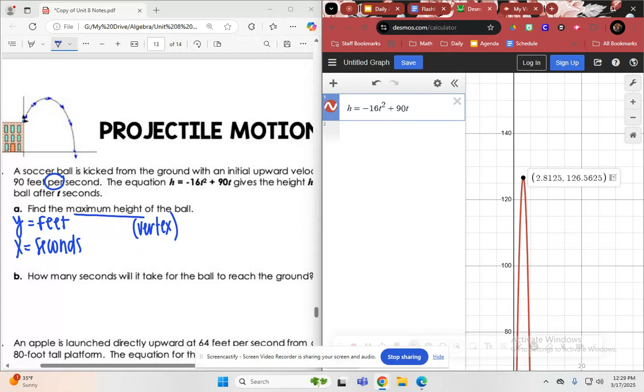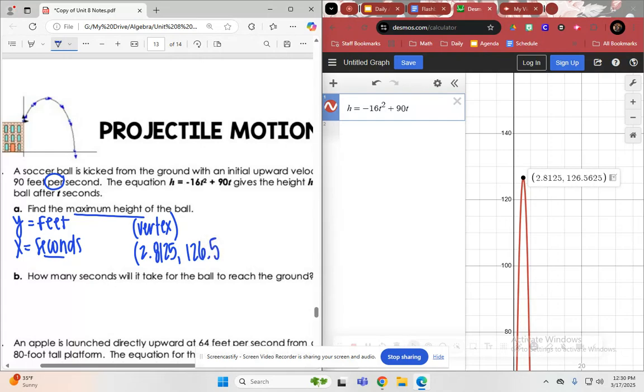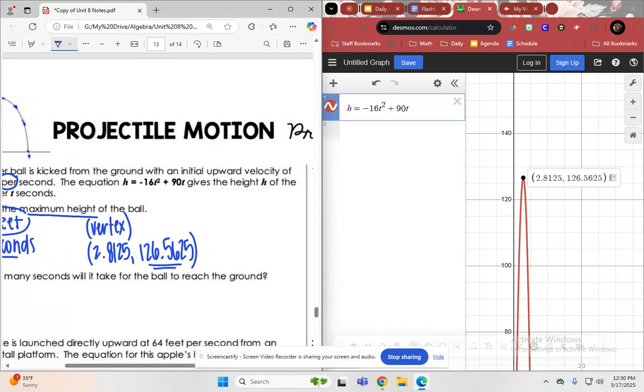So 2.8125 is our seconds, and 126.5625 is our y value, which is the height of the ball. So our max height is 126.5625 feet.